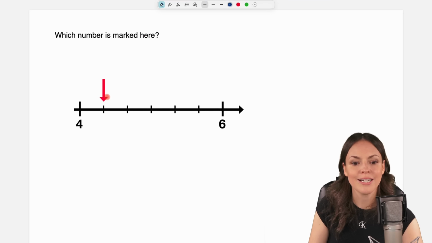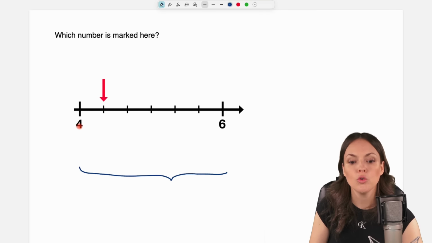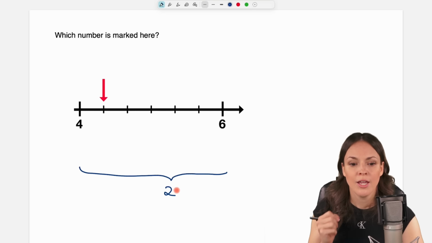Which number is marked here? First of all, we take a look at our number line. This time it starts at 4 and goes up to 6, which is 2 steps from 4 to 6. So it's not just one step, which was important for us.